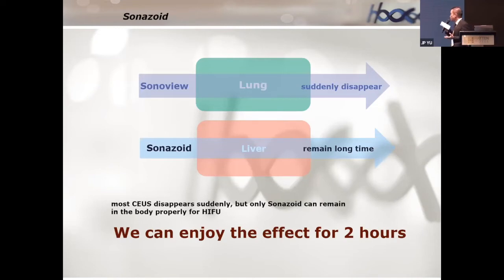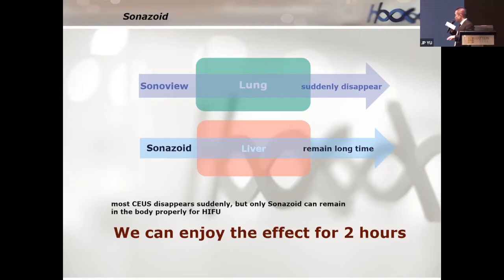But why Sonazoid? We are familiar with SonoVue. SonoVue is a relatively long-established agent, but SonoVue quickly disappears through the lung. Sonazoid was originally invented to detect hepatocellular carcinoma. So Sonazoid first goes to the liver, especially the liver Kupffer cells, and then goes to the lung and disappears.